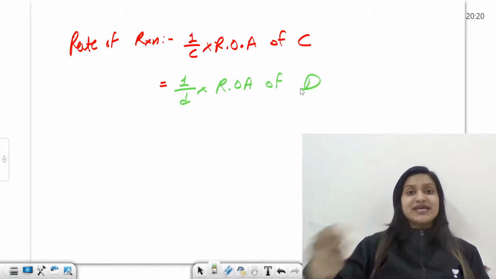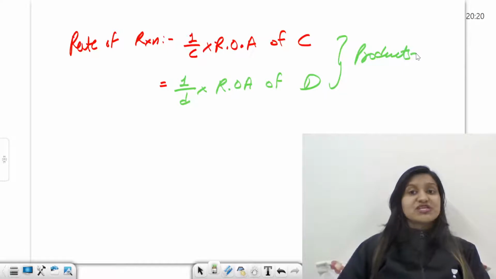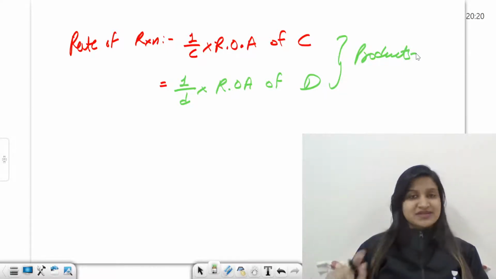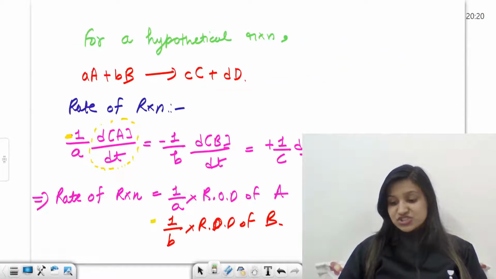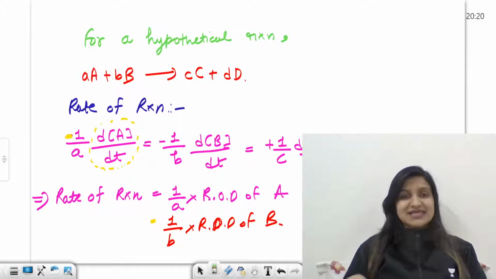Because C and D are the products. These will be formed, these will appear, and the reactants will disappear. So this was the relationship which we did not do in the previous class. Right now I am telling you this.